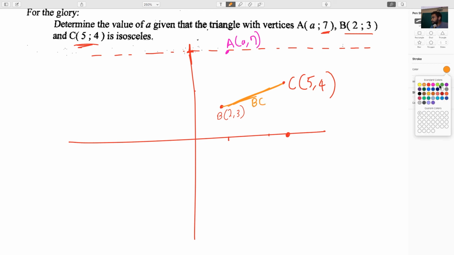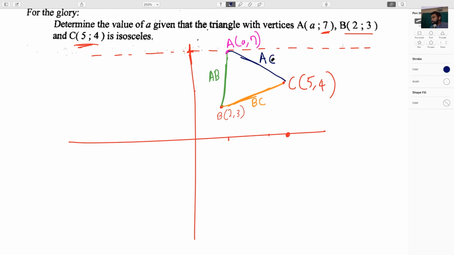And then here is going to be our line AB. And finally, we have over there our line AC. This looks kind of equilateral, which is confusing, but let's start out by assuming that AB and BC are equal.